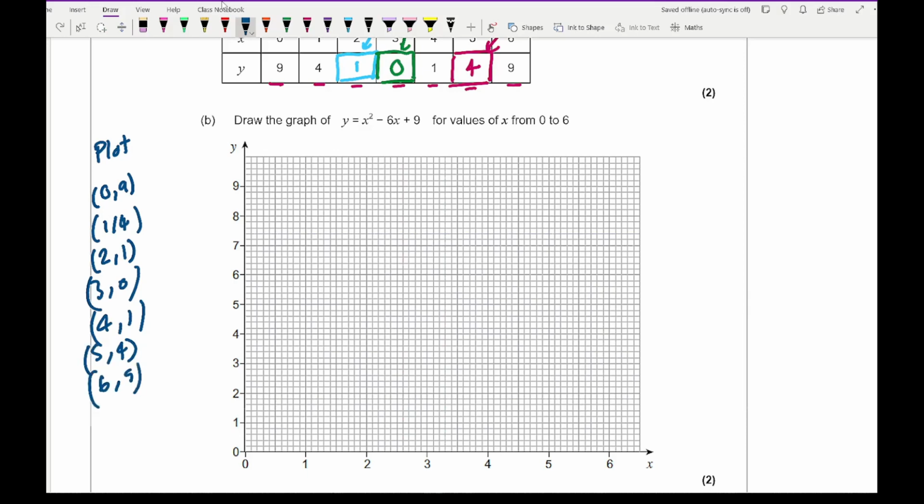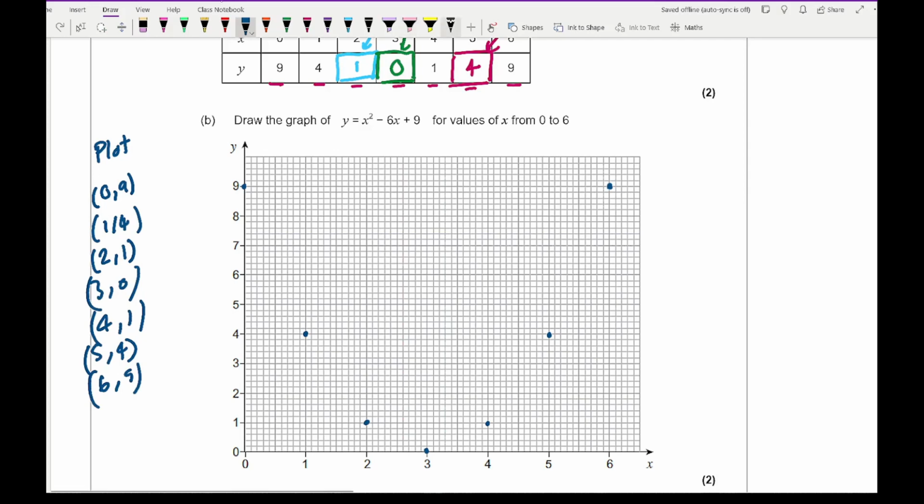So these are the coordinates I then need to plot. So 0, 9 is here, and 1, 4 is there, 2, 1 is there, 3, 0, 4, 1, 5, 4, and 6, 9. And you can see there that that does look like a smooth curve.